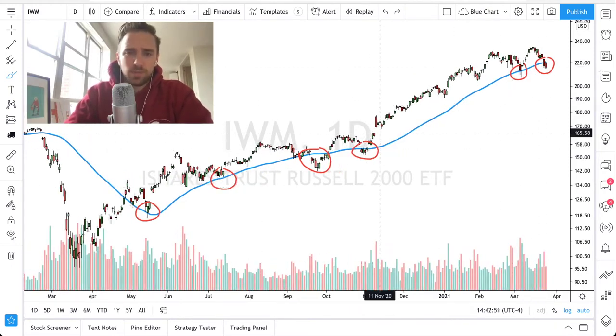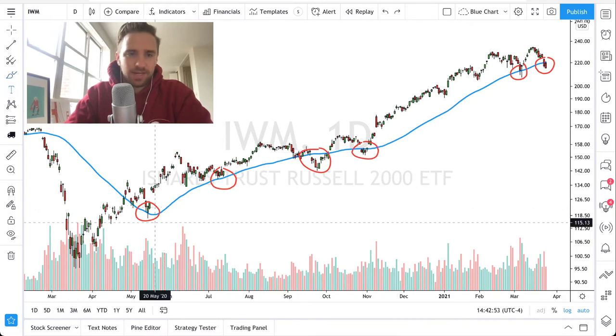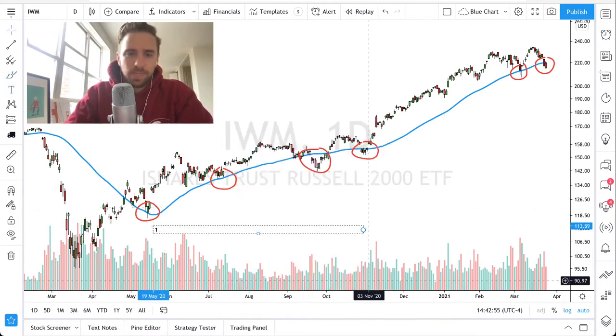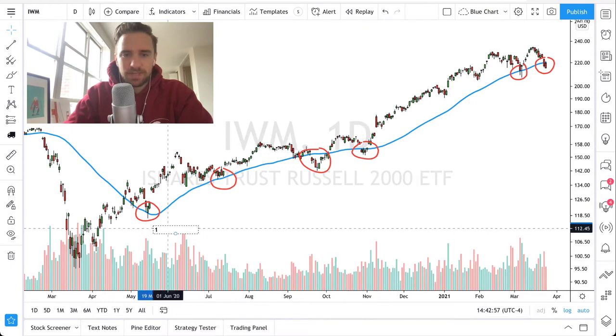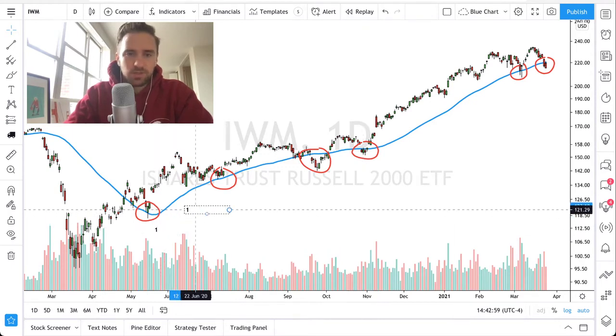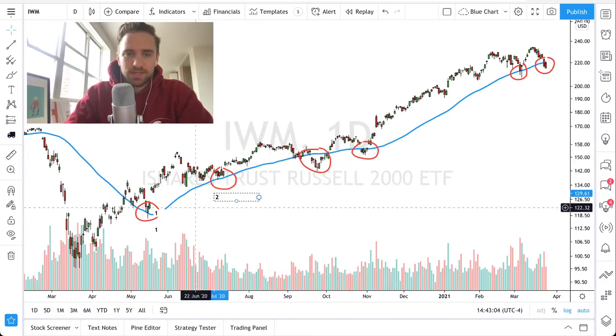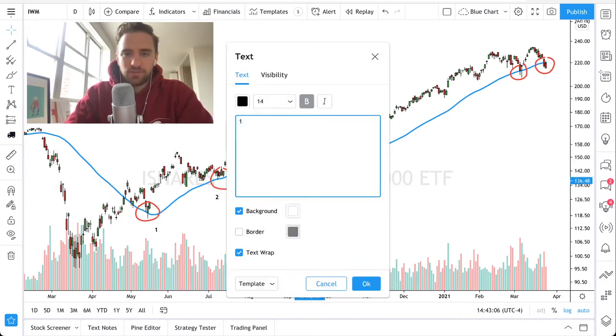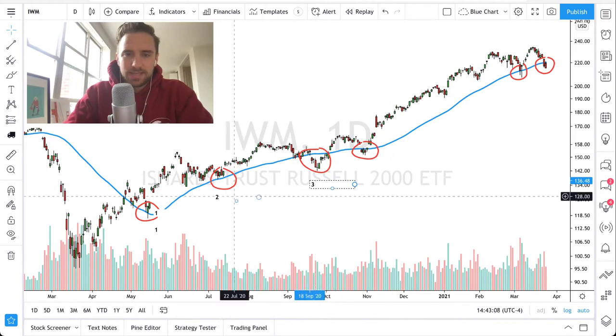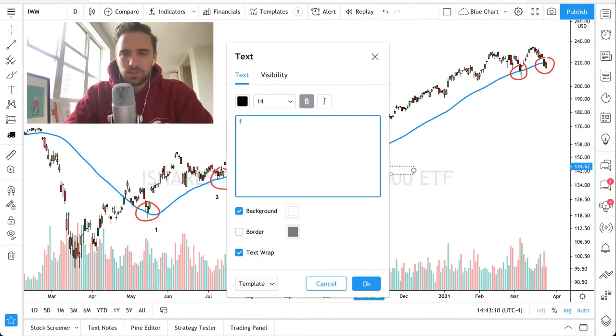So I've circled these moments and I can count now. So I can go ahead and count. I see 1. And what we can do is just copy this now. 1, this would be 2. We're just going to walk through this slowly. This next point in time would be 3. So we've got 3 points now. And then this next point would be 4. So we can do 4 times.